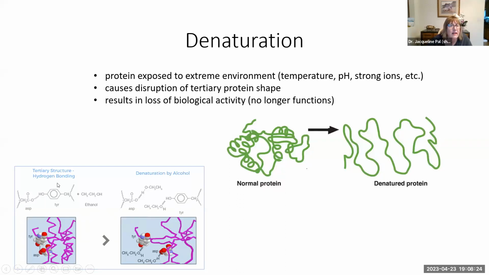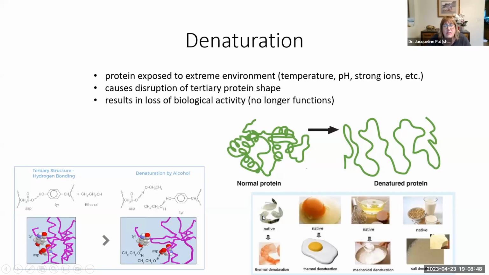Here's what it would look like if we took this protein and we had it interact with alcohol. You can see that this bond here between this tyrosine and asparagine is broken. So it has changed shape, so it can't do what it wants to do. But let's make it more practical.